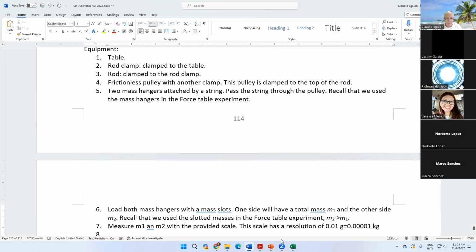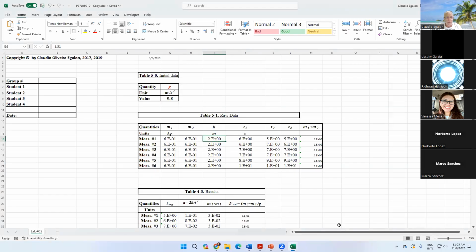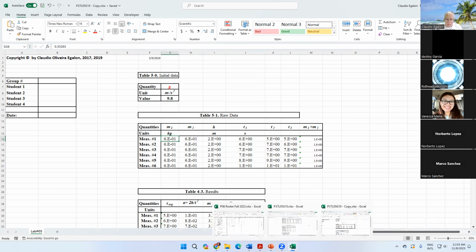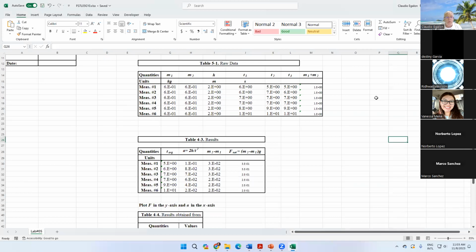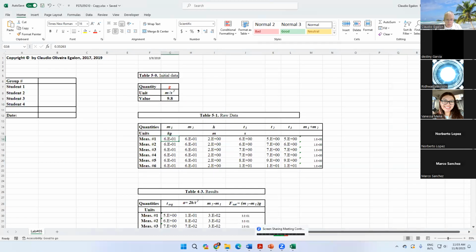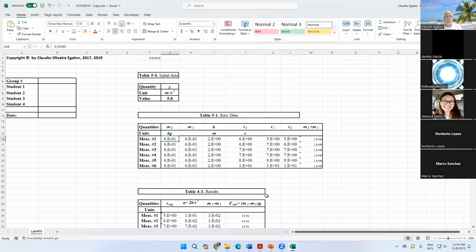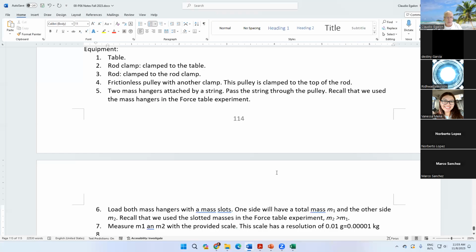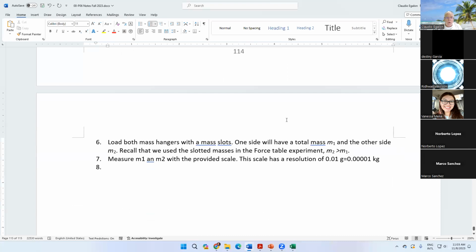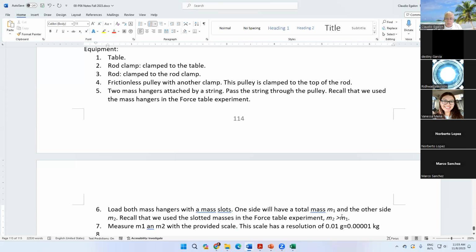Don't forget you need to display the masses with the proper number of significant figures. Yeah, proper number of significant figures, right? What else? What's next? M1 and M2. Here you go.